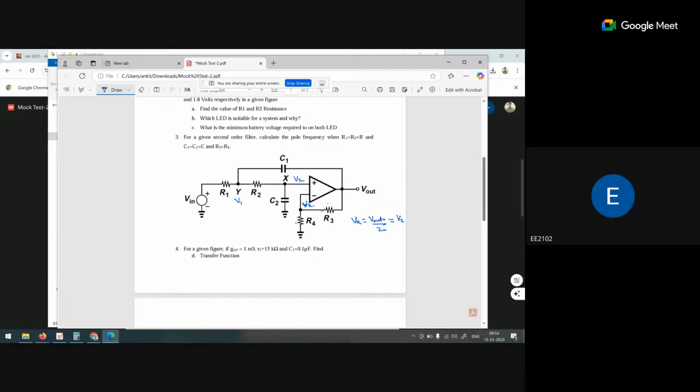we can write the equations of the current that is coming from this one. It will be going this way and this way. Similarly, the current coming from this one will go this way, because no current is going in this direction.